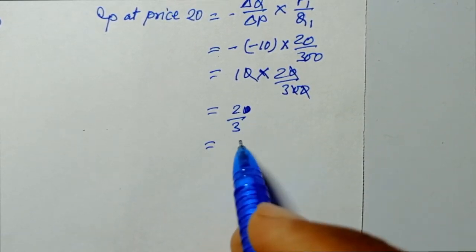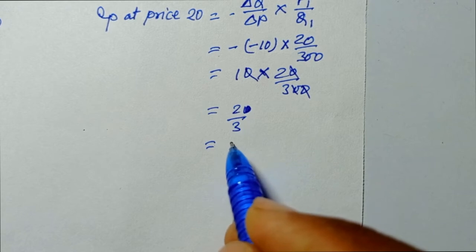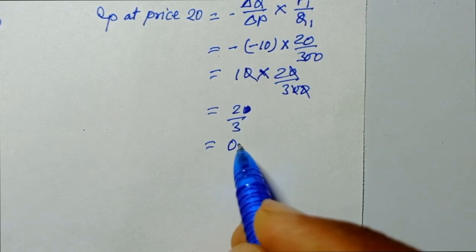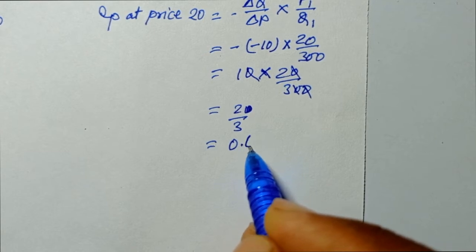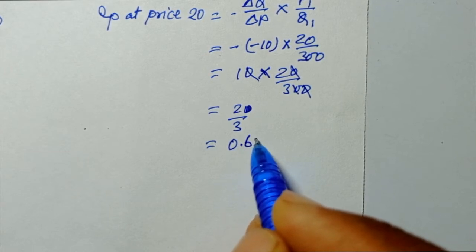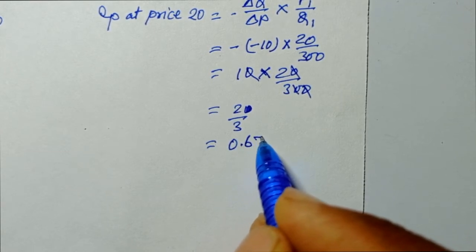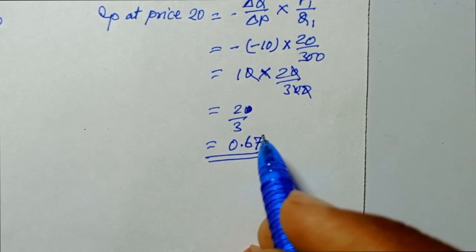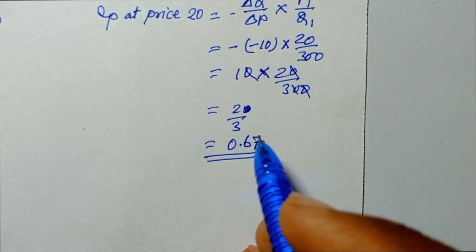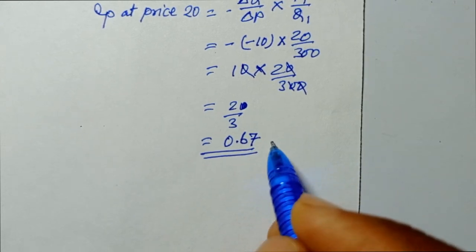Now divide 2 by 3: 0.66, or you can write 0.67 here. This one is the point elasticity of demand at price 20.